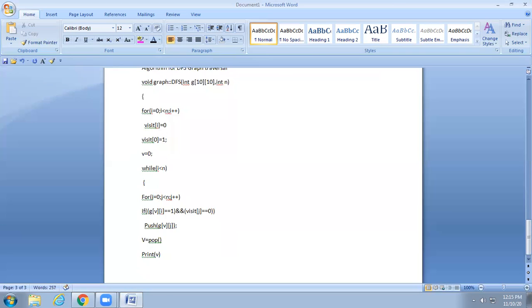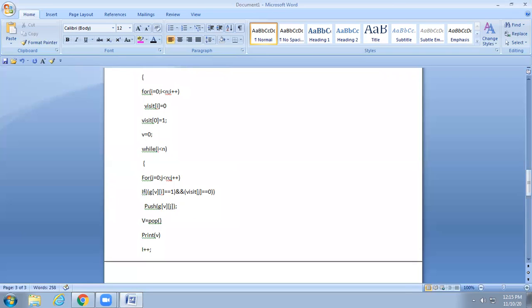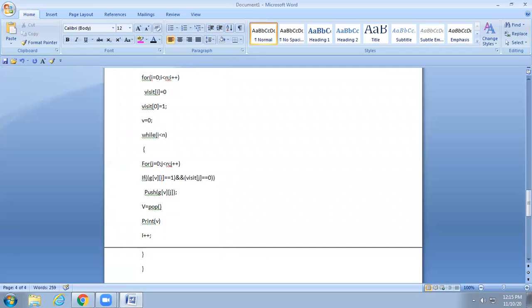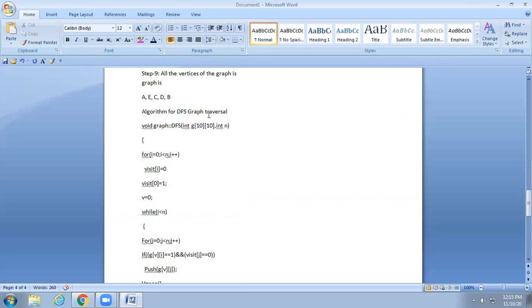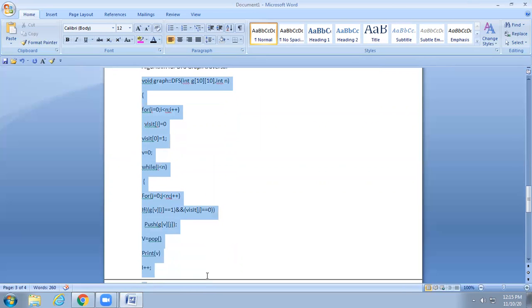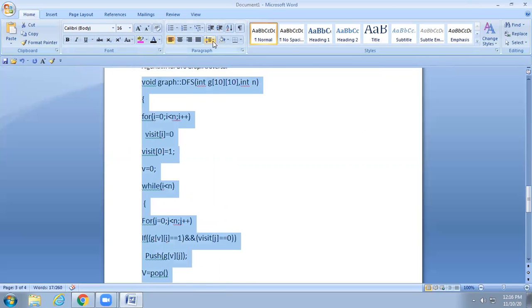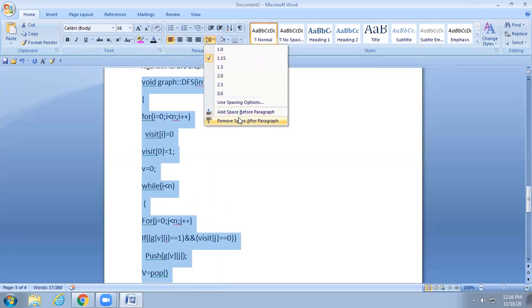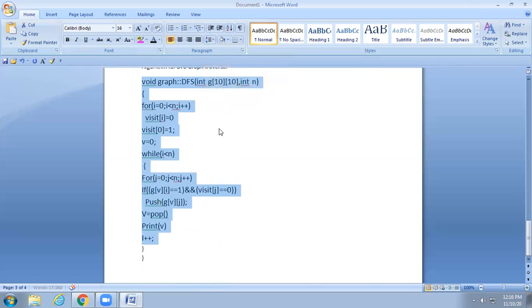Again we have the I plus plus. So this is the algorithm we are using for DFS graph traversal.